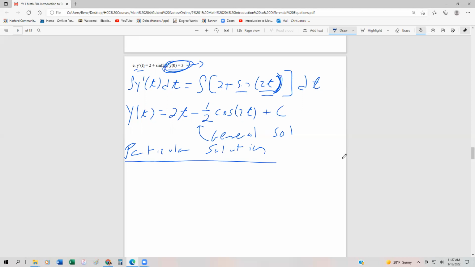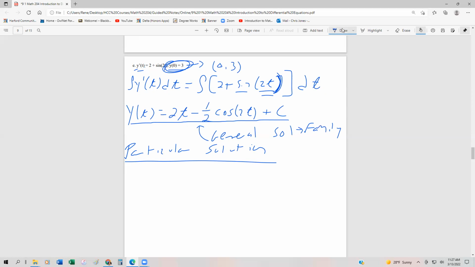What this really means is that we're looking at the point (0, 3). So we're looking for the particular curve in this family, because remember, this is a family of solutions for the general solution. Our particular solution is going to be one curve within that family.